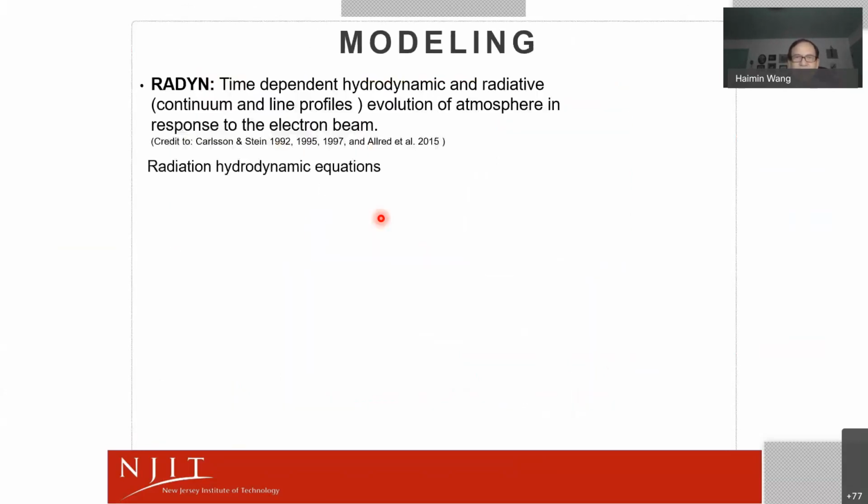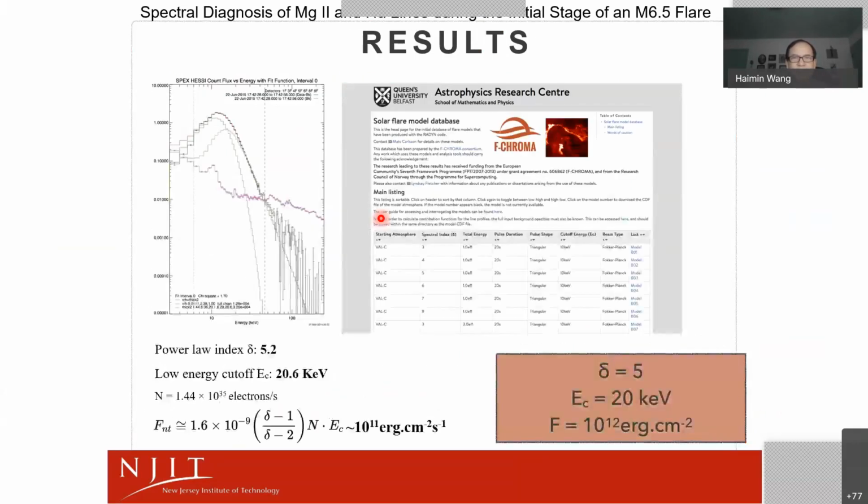But anyway, that's a very standard code, so I'm not going into detail. She also used a web modeling tool to input the parameters from our observations from RHESSI, and also the size of the flare kernel.